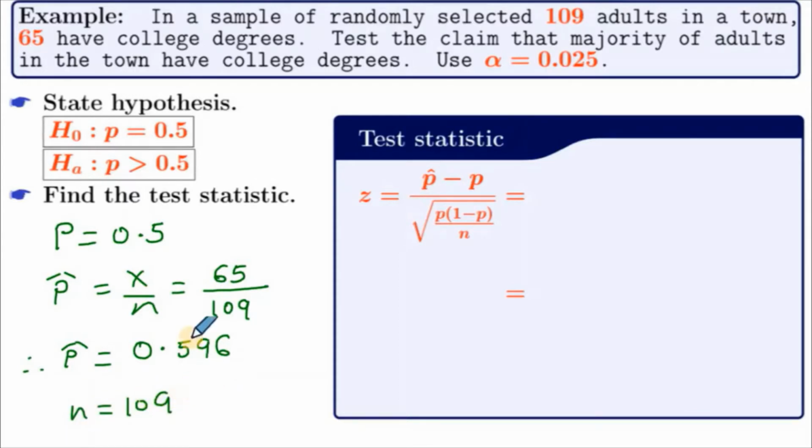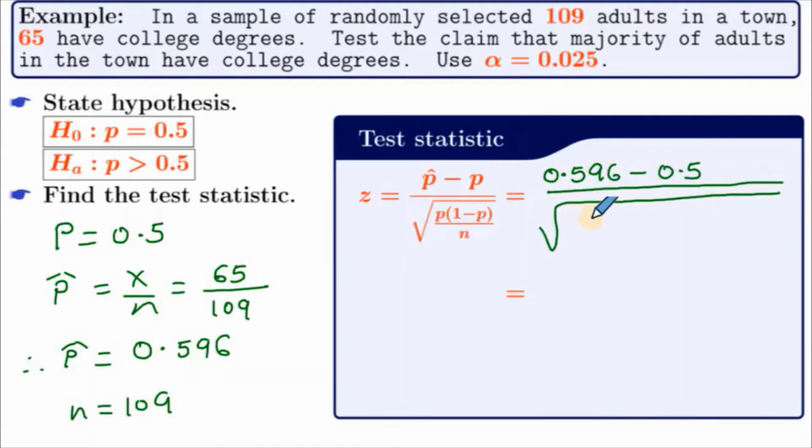Now let's substitute the value of P hat, and N in the given formula, this one here. So substituting the values, we get 0.596 minus 0.5 over the square root of 0.5 times 1 minus 0.5, over our N, which is 109.